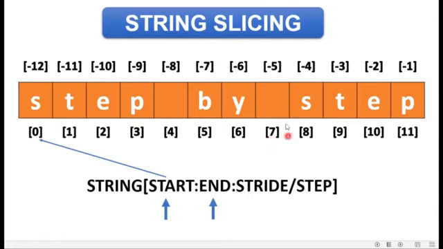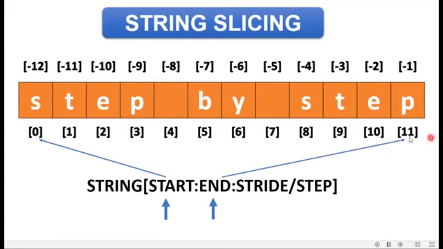If I'm writing 7, it will be considered till 6. If I want to slice my string till S, then I should write 9, because 9 minus 1 is 8. If I want to slice it till the 9th position, then I should write 10 in my end position, right? So it always indicates +1 character, and it will stop at -1 character.